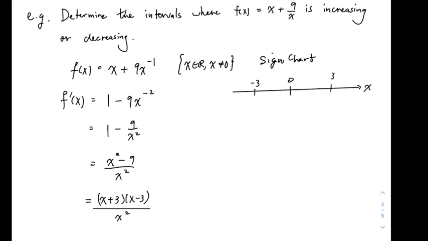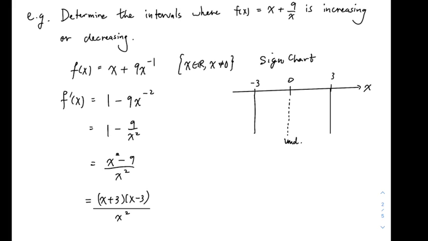I'll note that x equals 0 is where the derivative and function are undefined with a dotted line, and I'll use solid lines to indicate that at x equals negative 3 and positive 3, we just have the derivative being equal to 0. Okay, and this will be important later. So x equals 0 is an undefined y value.